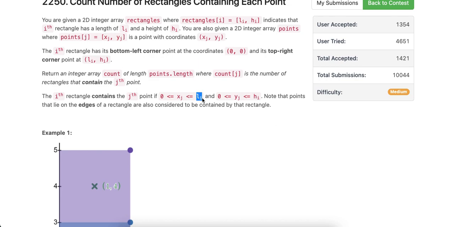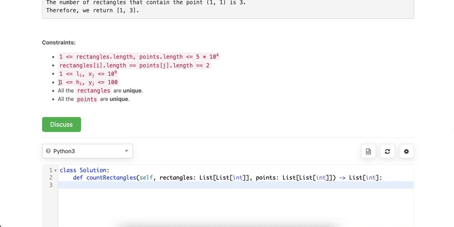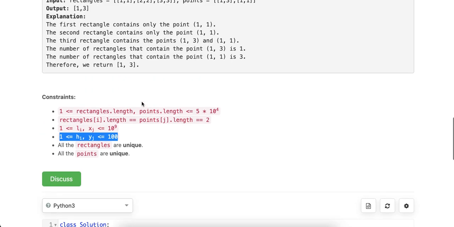Okay. And then the second efficiency comes from leveraging this constraint of 100. Why? Because we need to think like in dynamic programming, where we try to find something that we can already pre-calculate.